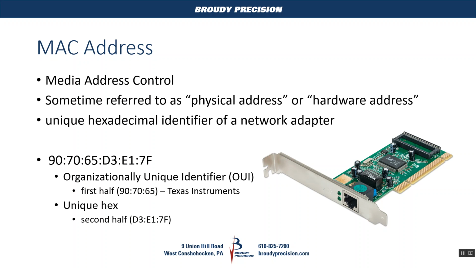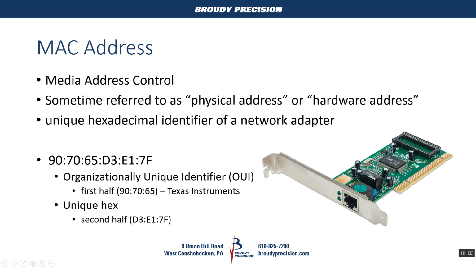And the way that works is that the first half of our MAC address, which looks like this, you'll note that it's a MAC address by the colons that are separating each portion, as opposed to the periods that we will see later with an IP address. The first half of the MAC address is what's known as an OUI, which is our organizationally unique identifier.